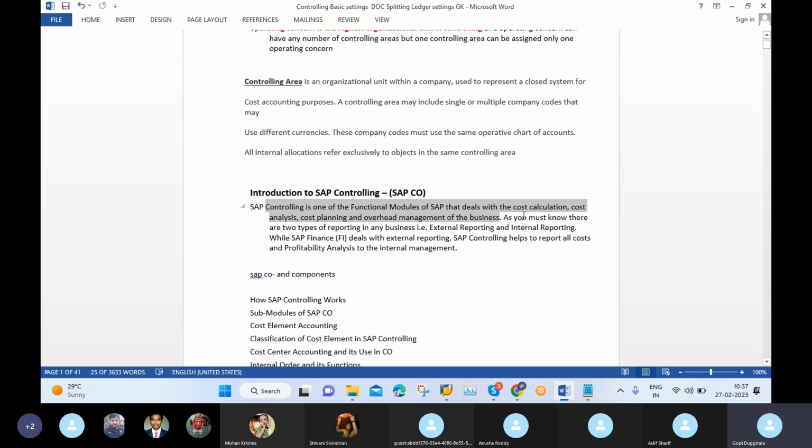What is the first point? Cost calculation. How will we calculate the cost? Already we know the cost sheet. Go to the cost sheet. I already showed you in the cost sheet.